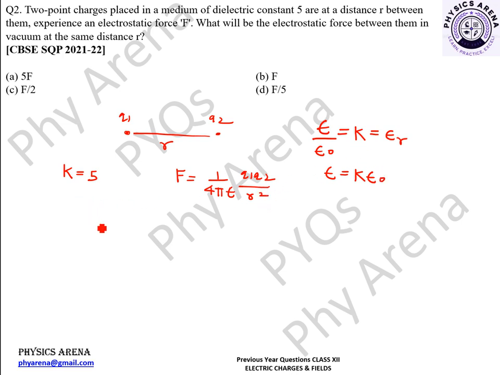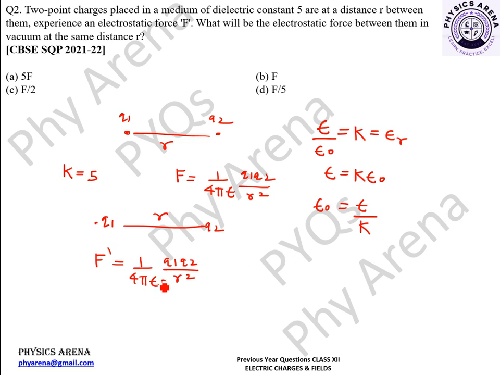Now let's take these charges and place them in vacuum at the same distance r. The force F dash between them can be calculated as 1 upon 4 pi epsilon naught Q1 Q2 upon r square. From this, epsilon naught is equal to epsilon upon K, and in the question K is 5.